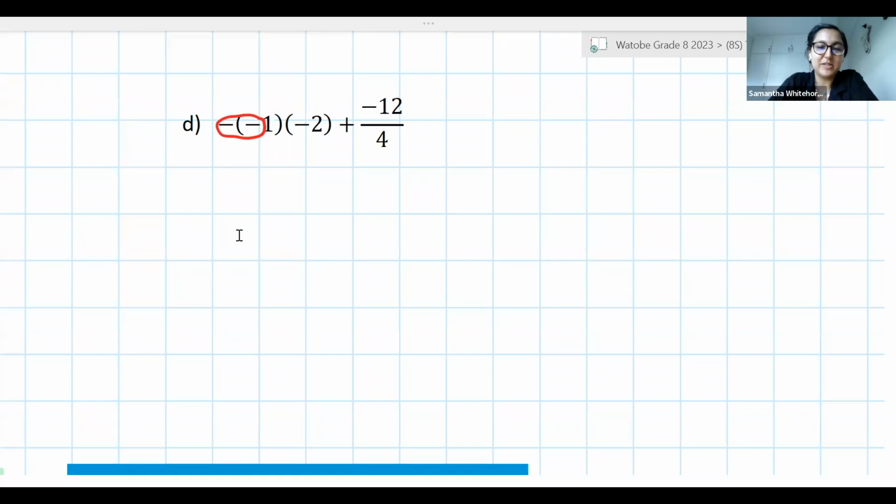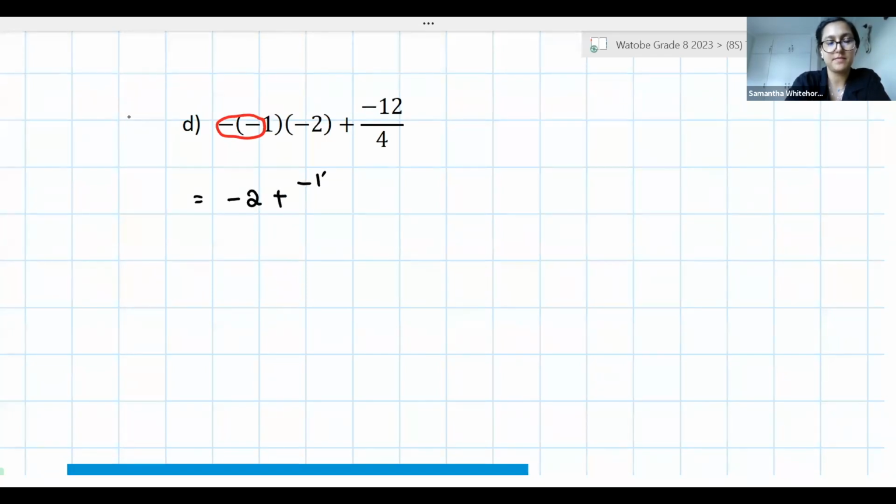Alrighty, guys. If anyone wants to raise their hand to try and explain question D for me. Shana, would you like to help me with D? Yes, ma'am. Good evening. Negative, open brackets, -1, close brackets, open brackets, -2, close brackets, plus -12 over 4, and then it will give you -2 plus -12 over 4.